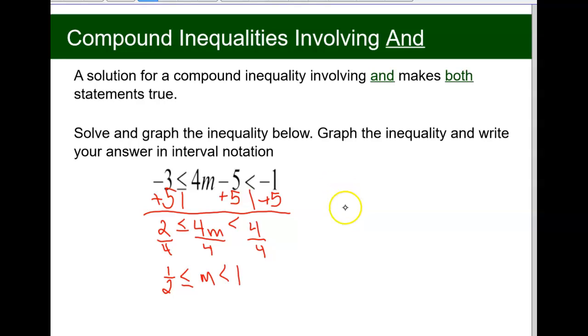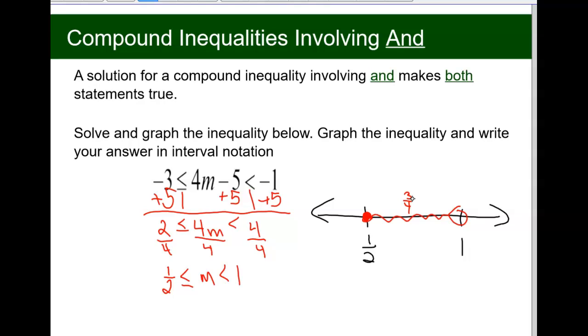So if I graph this, I'm going to label those two boundaries, 1/2 and 1. I need a closed circle on 1/2. I need an open circle on 1, and m could be anything in between here. So you could substitute something like 3/4 for m, and that would be between negative 3 and negative 1.